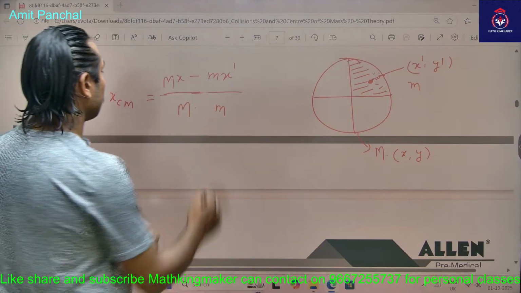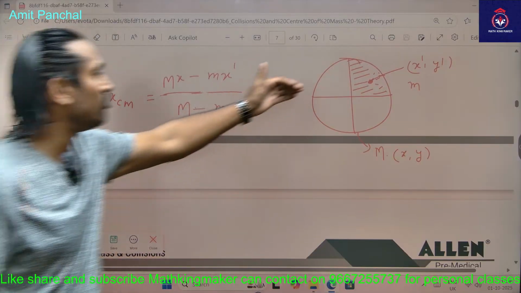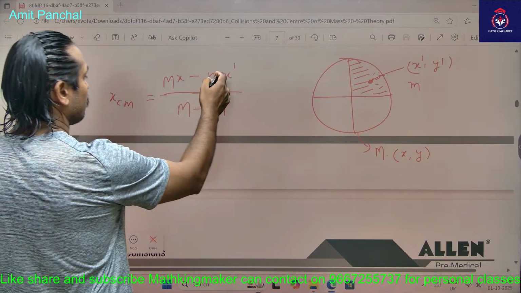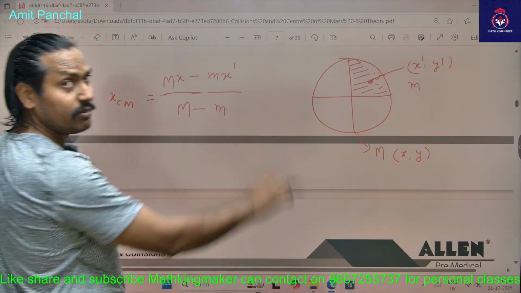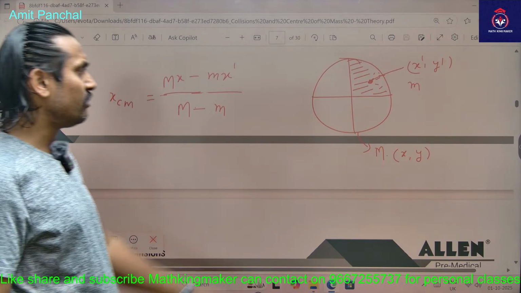Sorry, it will be minus, because we have removed this portion, so their moments as well as their mass will be subtracted rather than added.